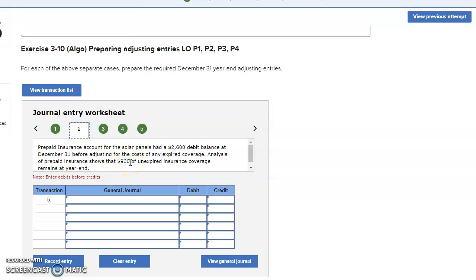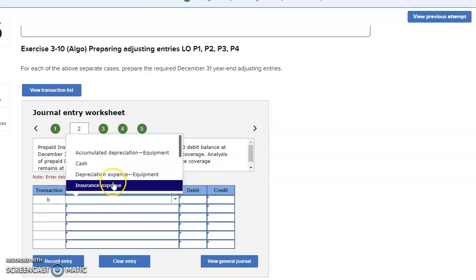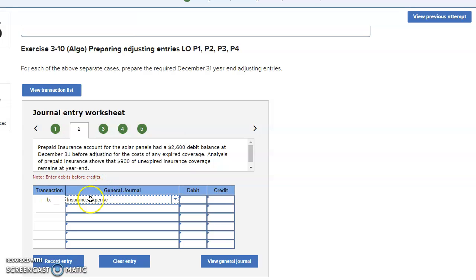So we have to subtract those $900 from the $2,600, and that is going to be an expense. Because we're talking about insurance, we're going to do the insurance expense, and when we subtract 900 from the 2,600, we have $1,700.